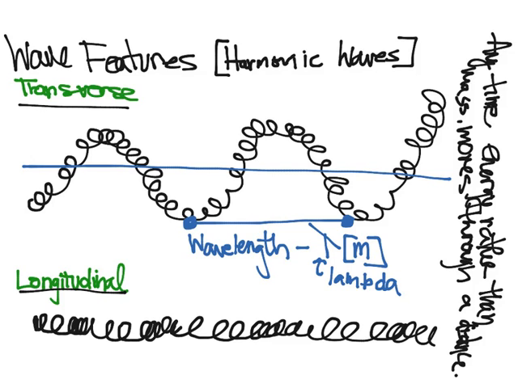And then on a longitudinal wave, this would be the wavelength. Or this would be a second wavelength. Also, we talked about this in simple harmonic motion, but half the height of a wave is called the amplitude.